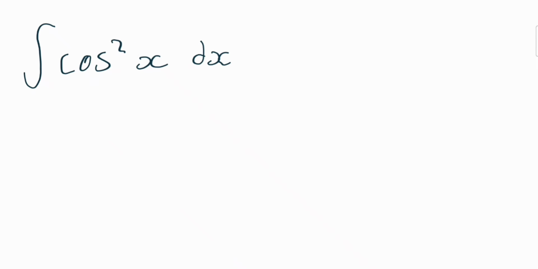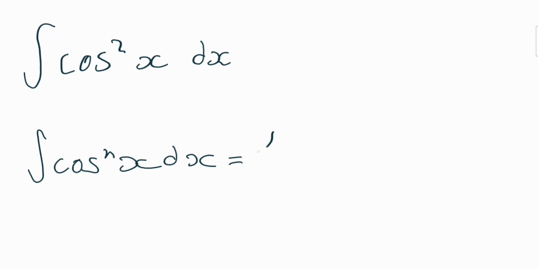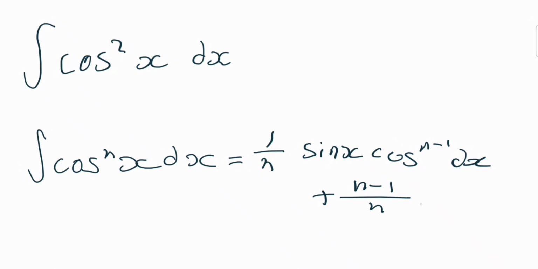So the formula for cosine instead of sine is going to be, the integral of cosine to the n is going to be equal to, instead of negative 1 over n, 1 over n multiplied by sine of x cosine to the n minus 1 plus n minus 1 over n integral of cosine to the n minus 2 dx.